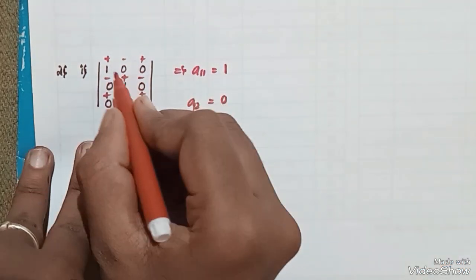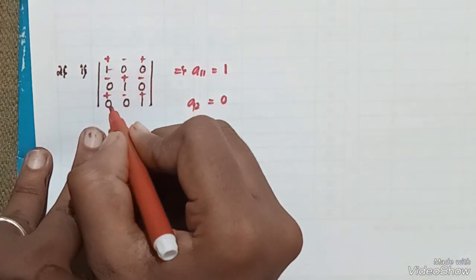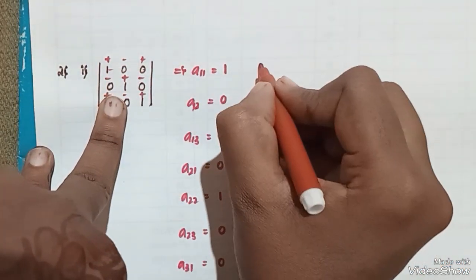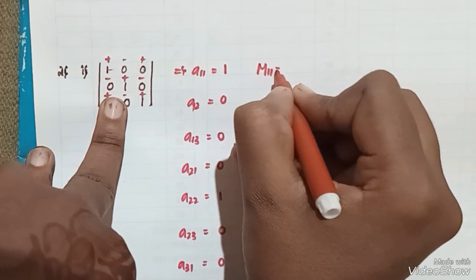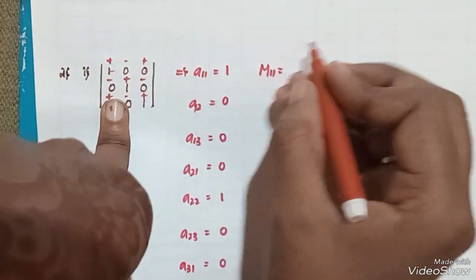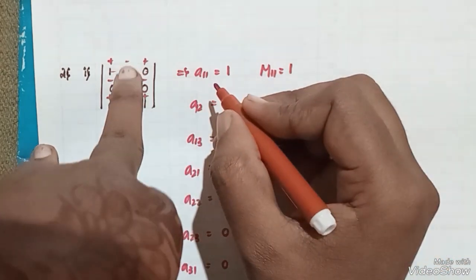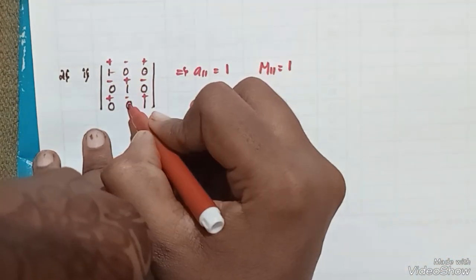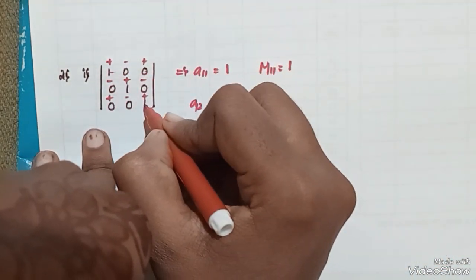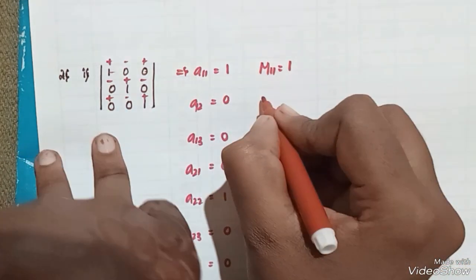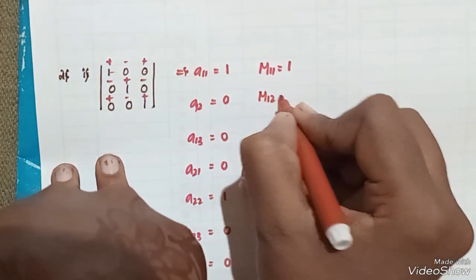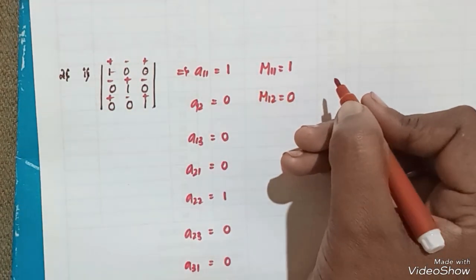Neglecting the first row and first column, the minor of the element is 1 into 1, that is 1. For the second one, neglecting the row and column, 0 into 1 minus 0 into 0 becomes 0.